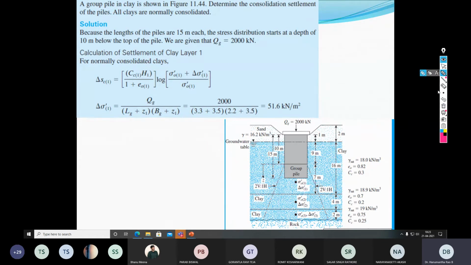Now the next aspect is how do you calculate the delta sigma? Just recall your shallow foundation. The delta sigma can be calculated by load divided by the area. The load is given as 2000 kilonewton, and you need to calculate the width and the length at the middle of layer 1.